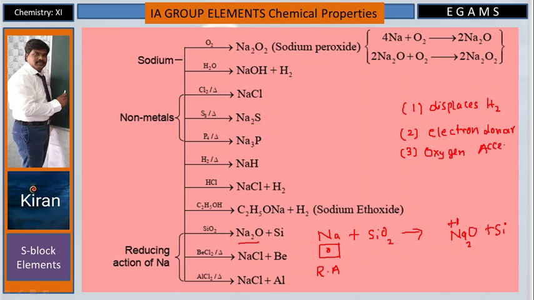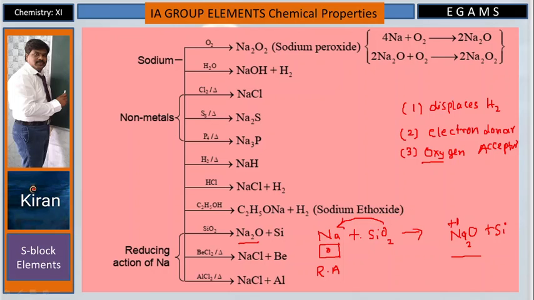Always hydrogen and oxygen are reverse. Hydrogen is removed, displaced, which means oxygen should be accepted. See here, when sodium reacts with silicon dioxide, it accepts oxygen. Because of that, you get sodium oxide.